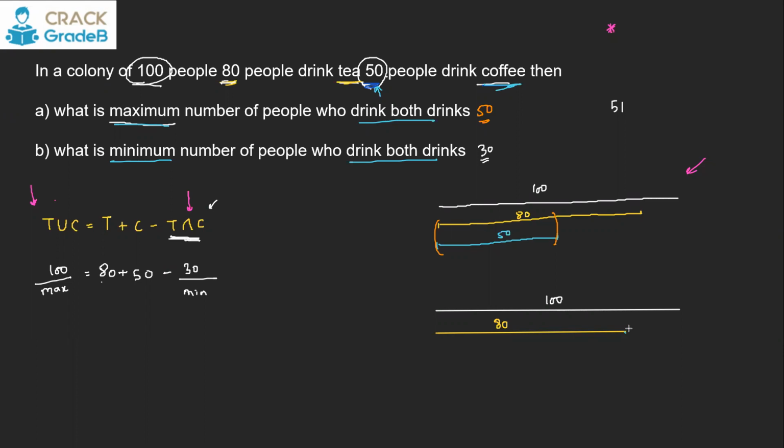How many people are left? The remaining length is of 20 people. This length here is out of 80, gone. So the remaining length has 20 people in it. So once you start distributing the coffee coupon, the 20 people will now have only the coffee coupon.